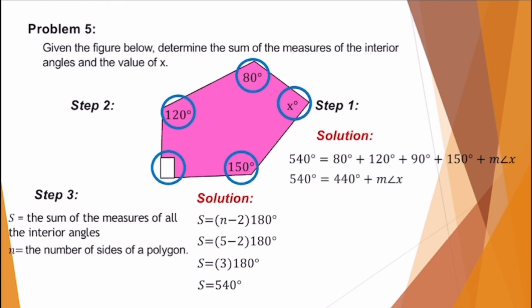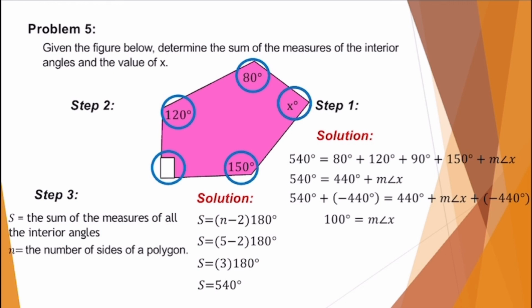So, we will have now 540 degrees is equal to 440 degrees plus the degree measure of angle X. Next, let's apply the addition property of equality by adding both sides by negative 440 degrees. We will have now 100 degrees is equal to the degree measure of angle X by simplifying.